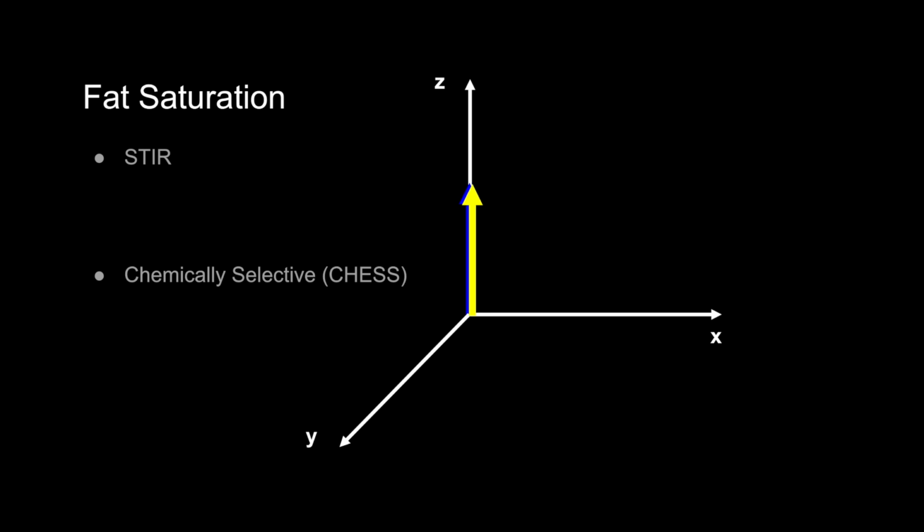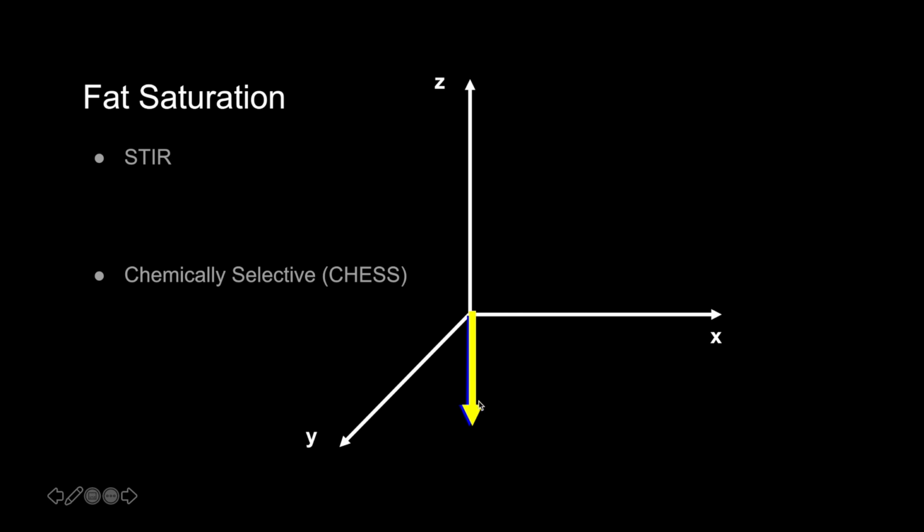So what does that do? Well, the initial 180-degree pulse flips magnetization into the negative Z direction. After a certain amount of time, based on their T1 relaxation time, they start to recover in the z-axis towards the positive z-axis.